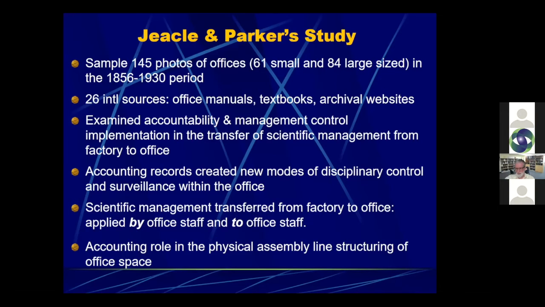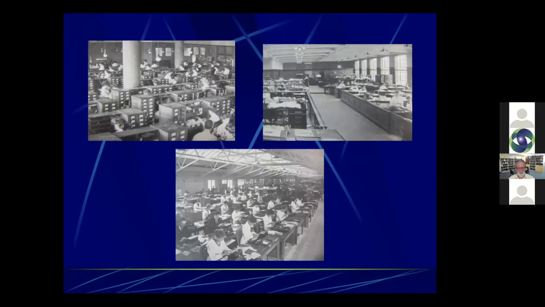It was a huge study and really quite fascinating. And to give you a visual feel, there are some of the photographs. The top left one is actually a mail order company. It really gives a classic feeling of how the individuals are subordinate to the record, and they're the servants of the record. The record totally dominates them.